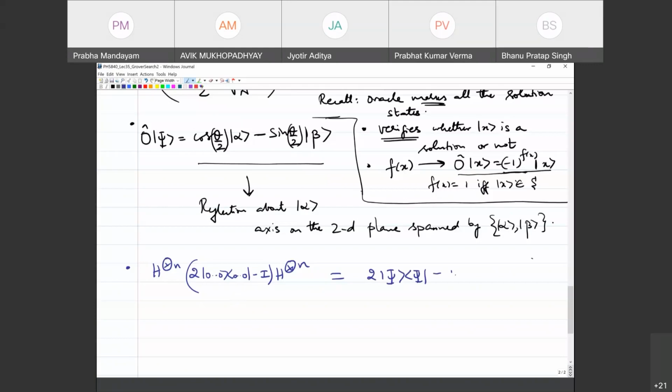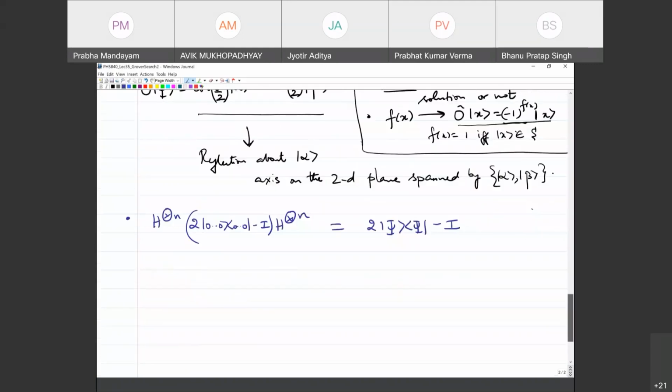And what is this operation on this plane geometrically? This is a reflection about which axis or about which vector? About the vector representing psi, right? It's basically a reflection about psi on the alpha beta plane.